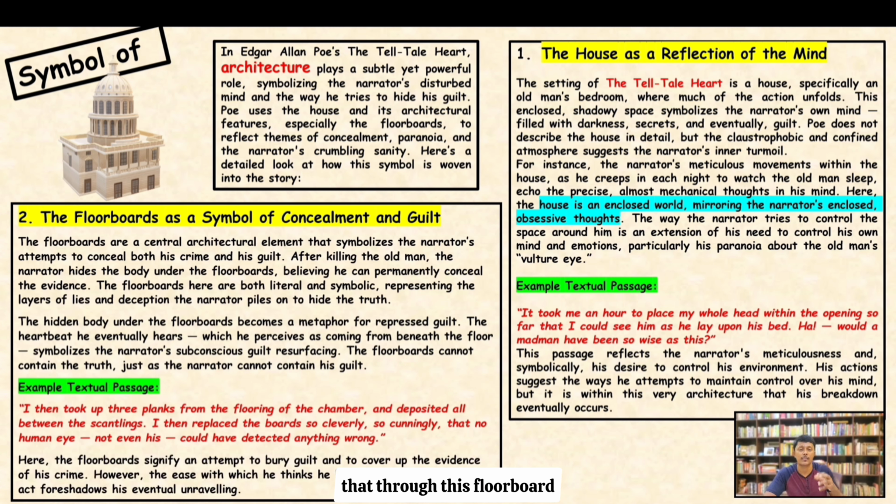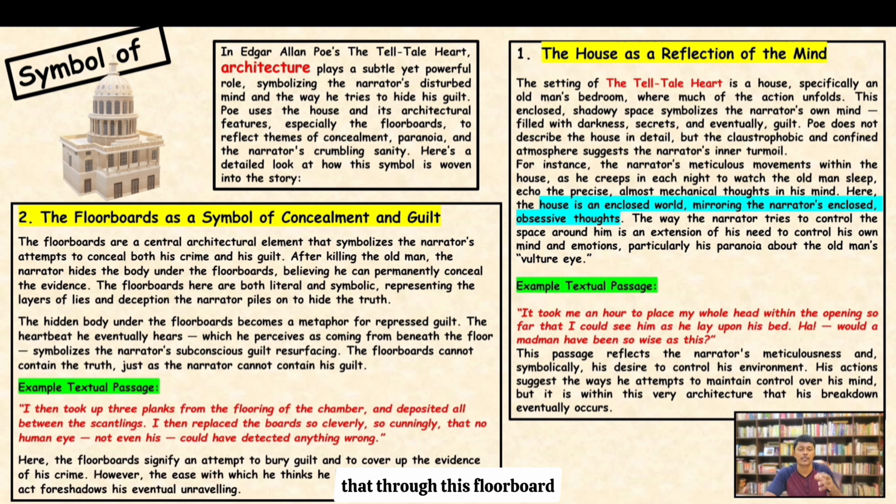The heartbeat beneath the floorboard is therefore significant from the structural, architectural point of view. And thus, the architecture serves as a powerful symbol of the narrator's disturbed mental state. The house, the floorboards, and the confined room create a claustrophobic atmosphere that mirrors the narrator's trapped psyche, while the concealed body and the ever-present heartbeat illustrate the futility of attempting to bury guilt.